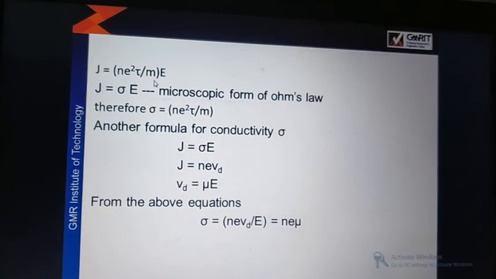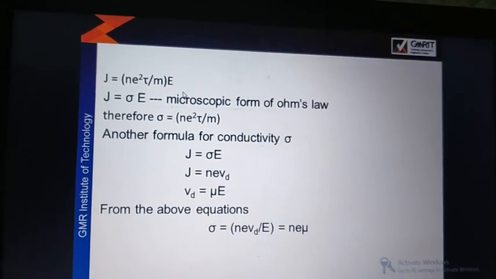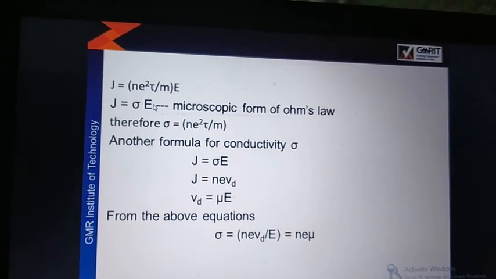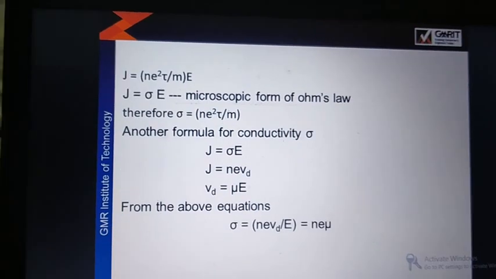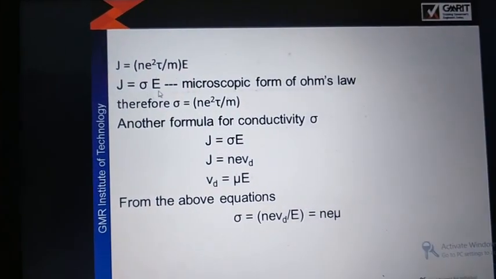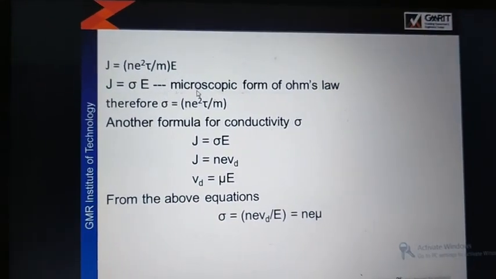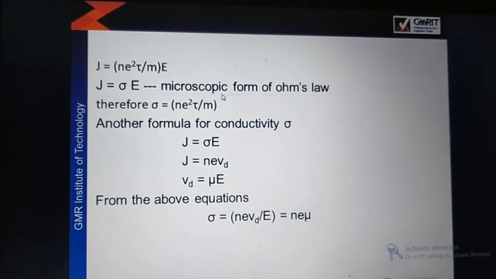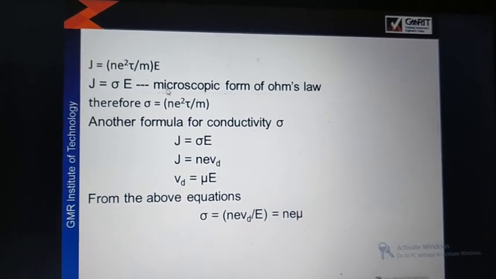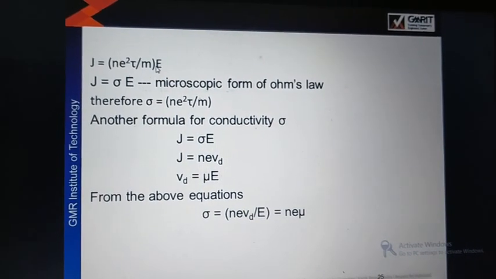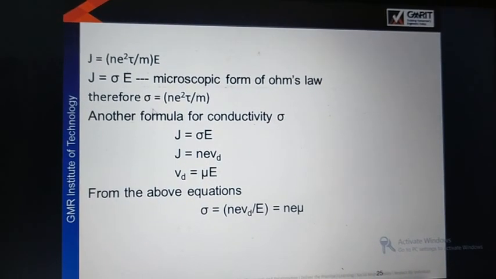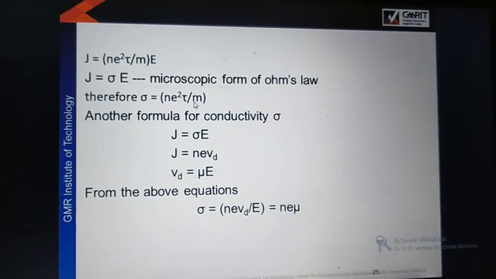And we know that Ohm's law is V is equal to IR, but another form of Ohm's law is J is equal to sigma E. That is the microscopic form of Ohm's law. So if I compare these two equations, here E is common, I can say sigma is equal to Ne square tau by m.